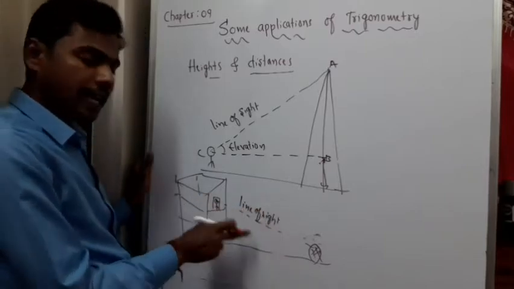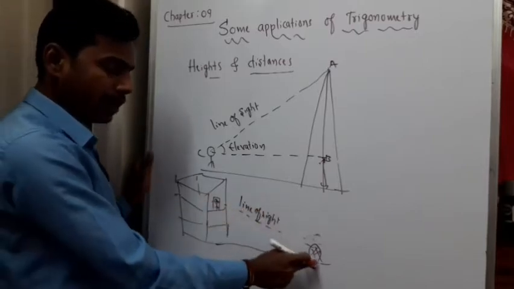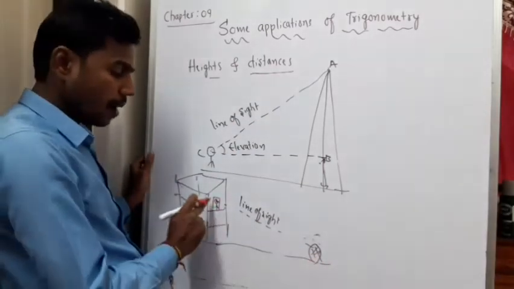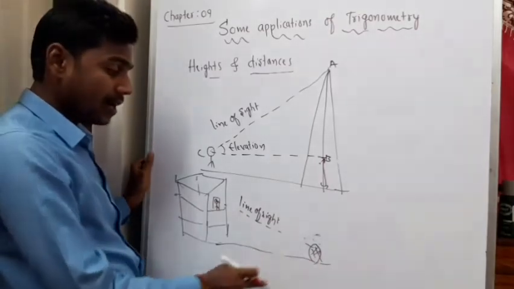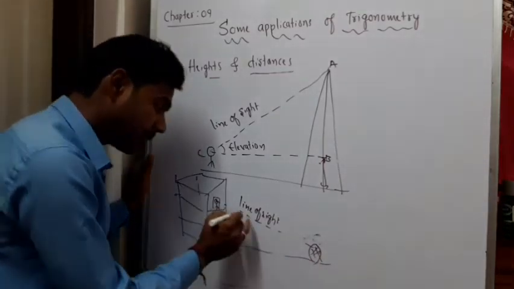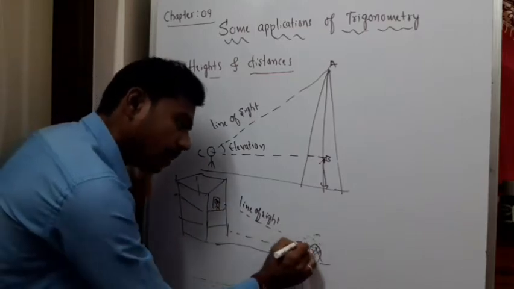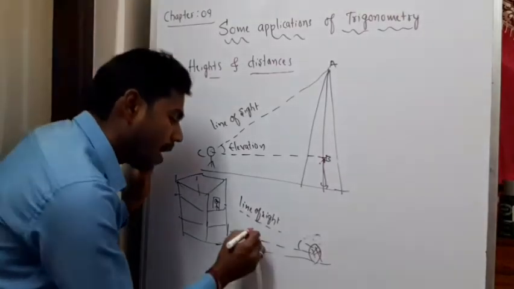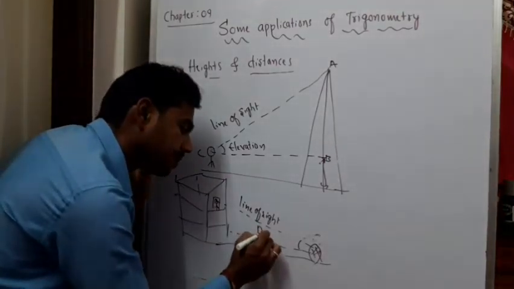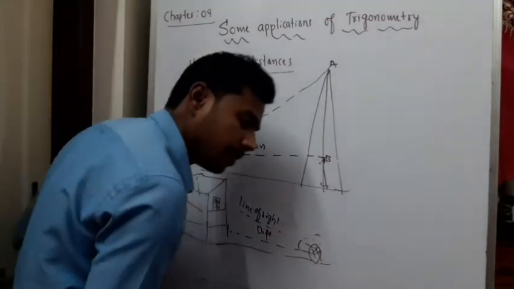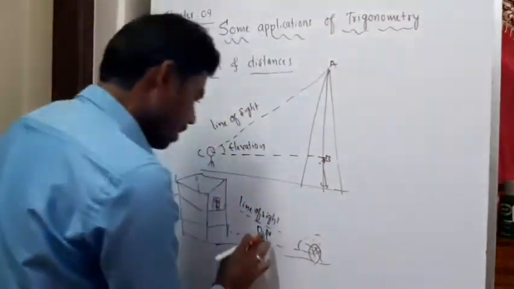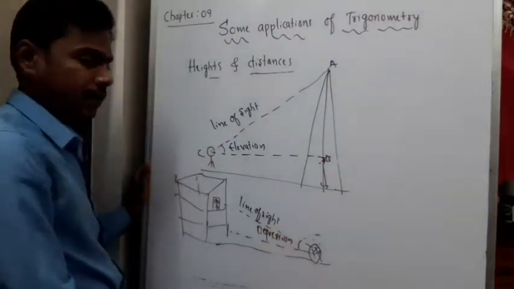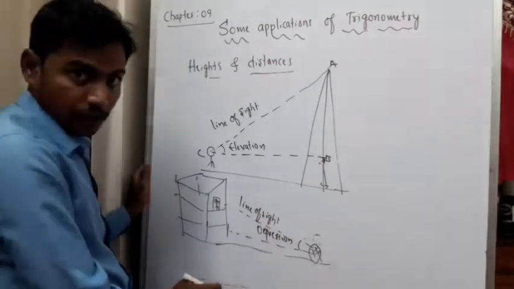The imaginary line between the eye of an observer and the object at which the observer is viewing, that is the line of sight. The angle formed by the line of sight, in this particular case, we call an angle of depression. This is the angle of depression. So these two terminologies you need to know.